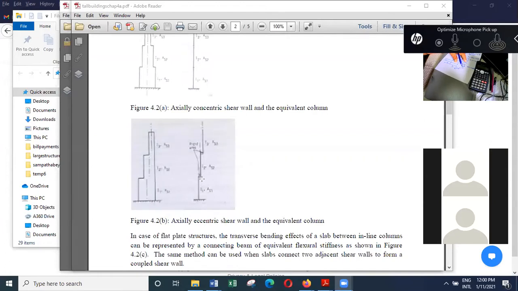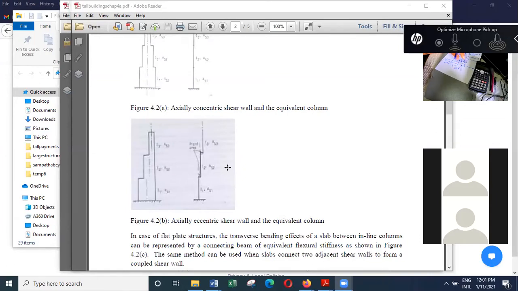You will have a horizontal beam connecting the other shear wall at the upper level, and for this arm you will allocate a very high I value so that the deformation of the arm and the wall, this column or the wall, here you will get a perfect 90-degree angle, and that way you can accurately model the wall by using columns.